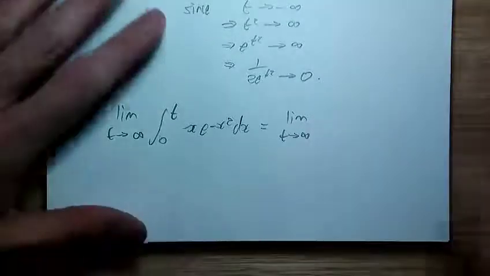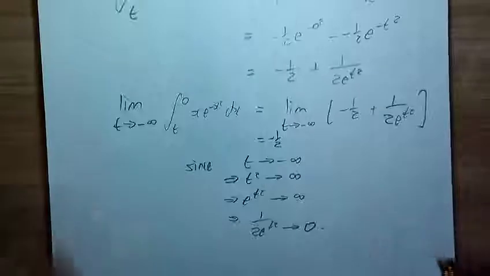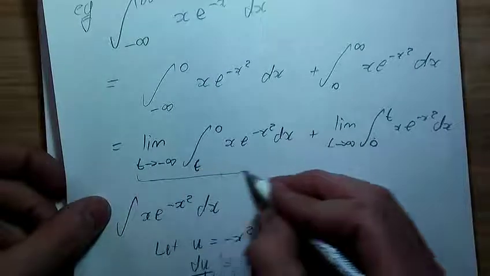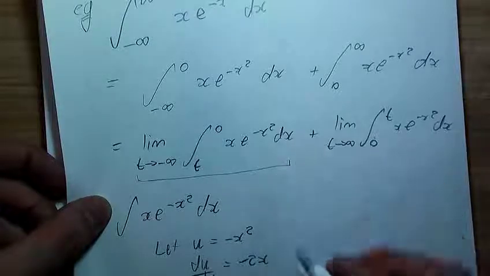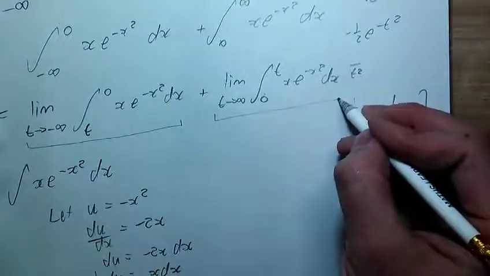Oh crap, sorry. Not up to that yet. Let's just go back to where was I? I've done this bit, haven't I? That's the bit that I just did. Yep, so now I need to do this bit.